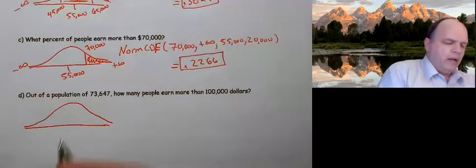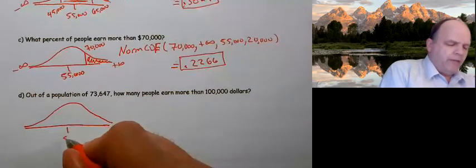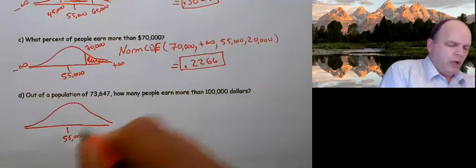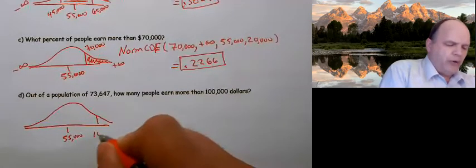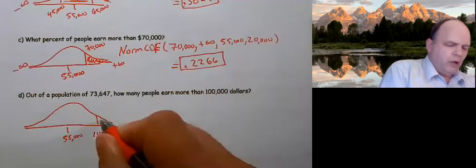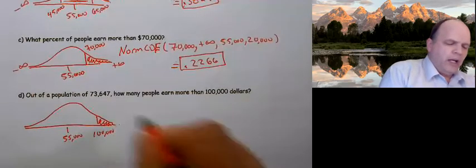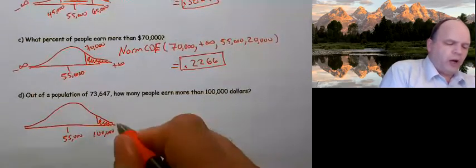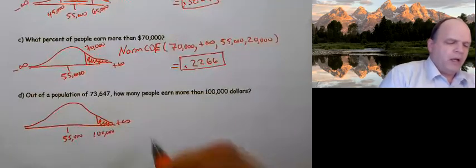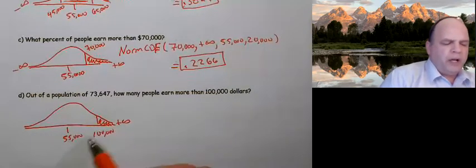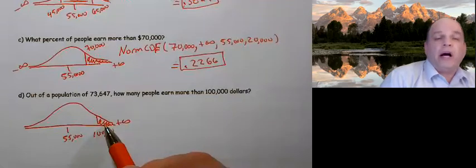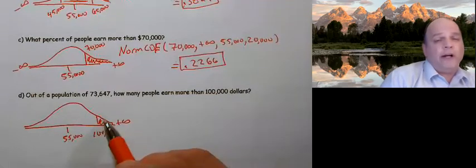When I do that, we still have a mean of 55,000, but we're going to go all the way up to 100,000, and we're looking for this area, and it says more, so we're going to shade all the way to positive infinity.